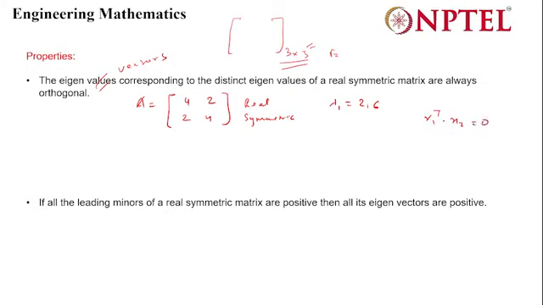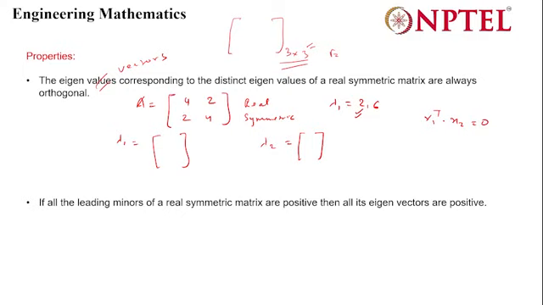Okay, so firstly, you just tell me the eigenvalue, eigenvectors for lambda equals 2. Calculate. What will be the eigenvector for lambda equals 2? 1, minus 1.